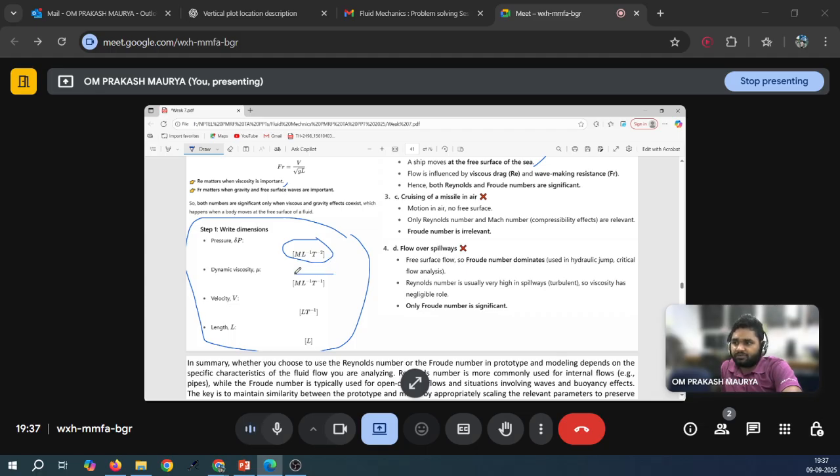The dynamic viscosity is Newton second per meter square, and the velocity is L T minus 1, and length is L. So how will you arrange these things? You will get the dimensionless combination.